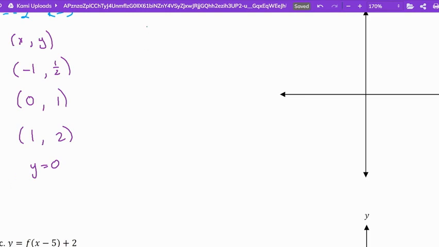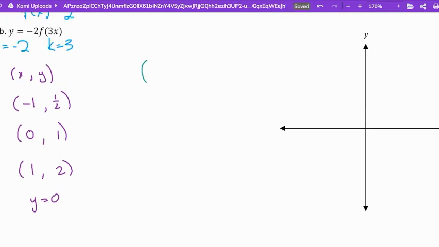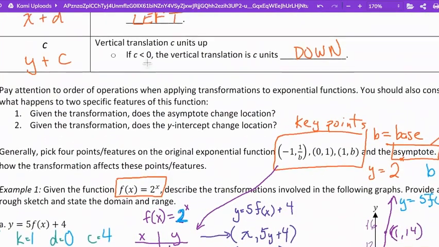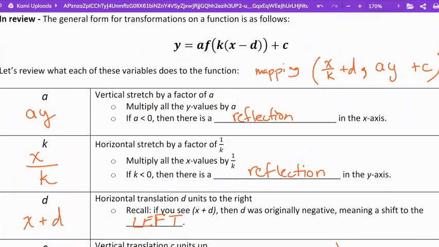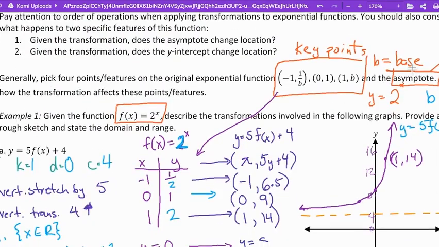And now to figure out the new transformed points, I'll write mapping notation specific to this question. You want to give it a try? So if you forget how to do mapping notation, look at our note here. We wrote x over k plus d, right?